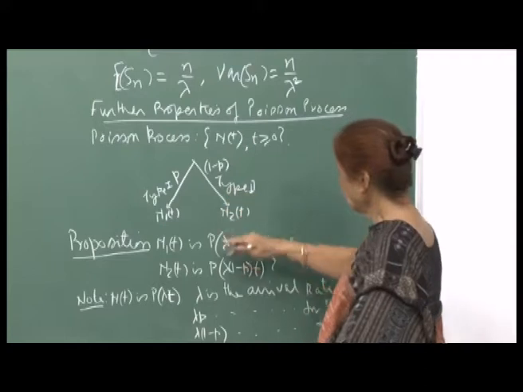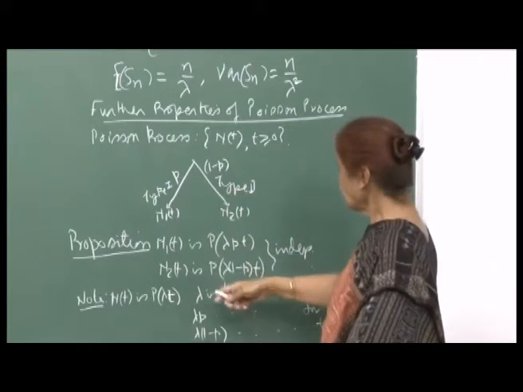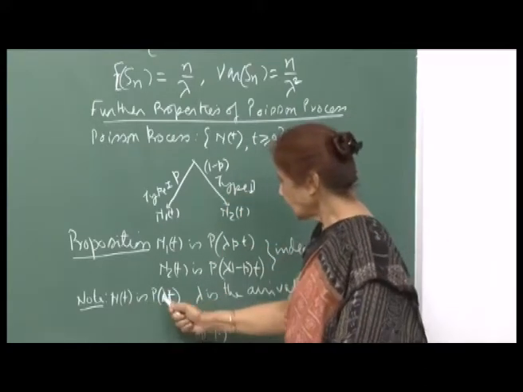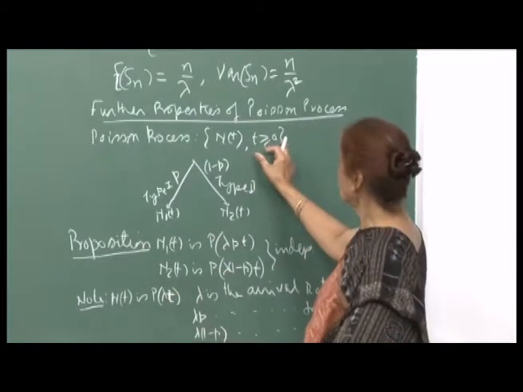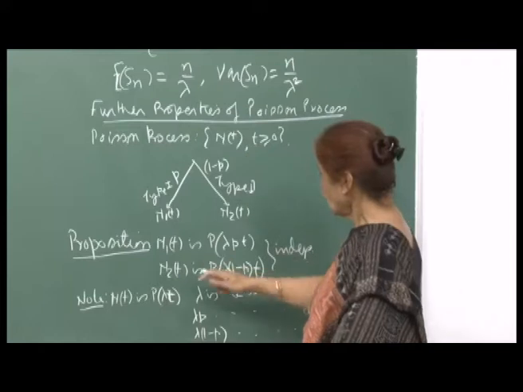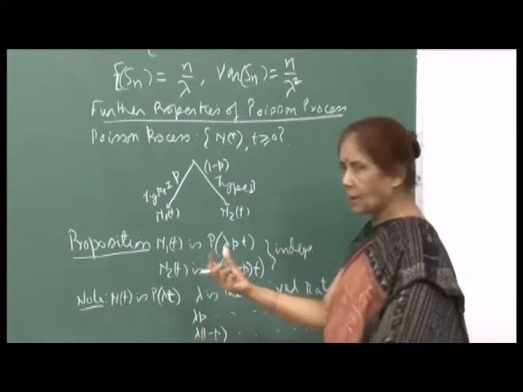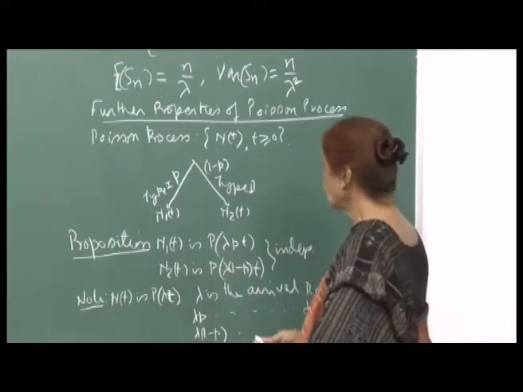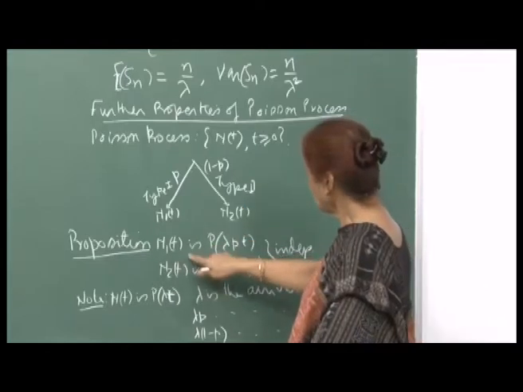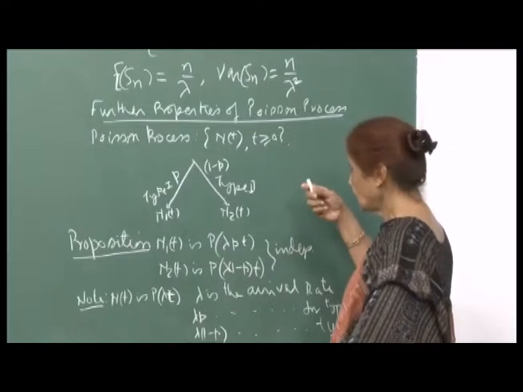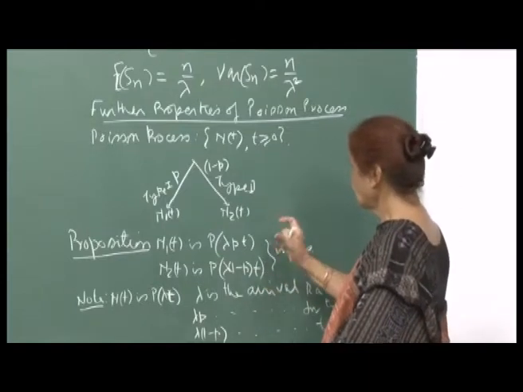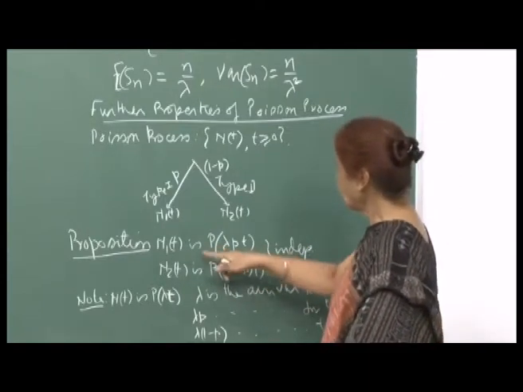So, the only correction I want to make is that here your N(t) is Poisson with parameter lambda t, okay, because we are talking about the arrival rate in the interval 0 to t. Similarly, N1(t) will be Poisson, and this we showed through MGF. We showed that both will again be Poisson.